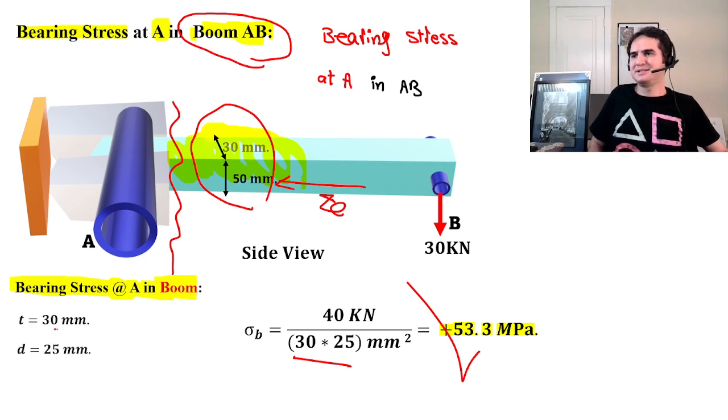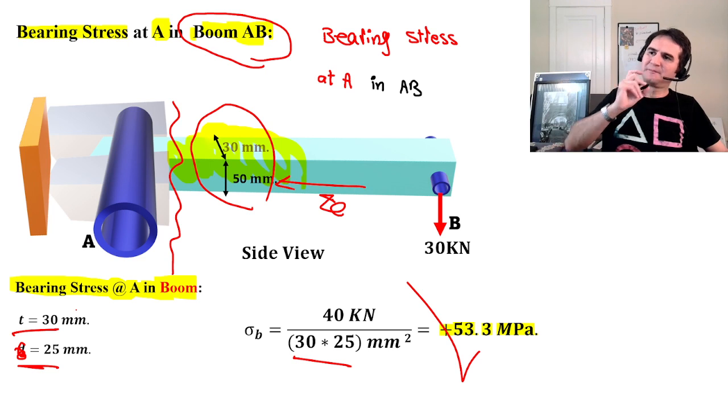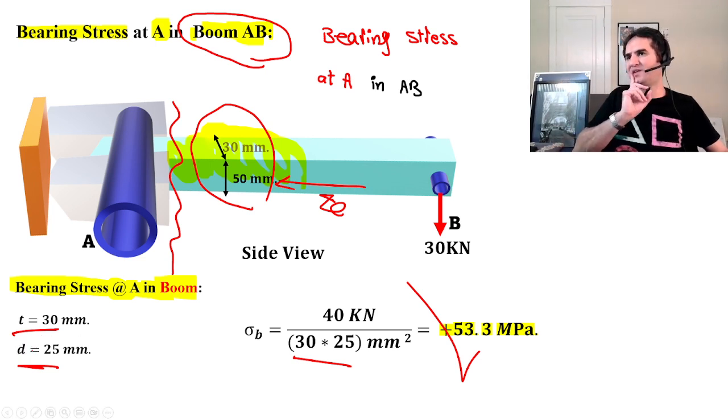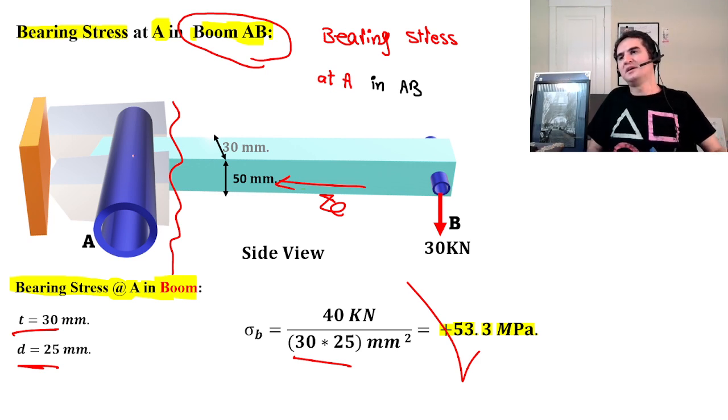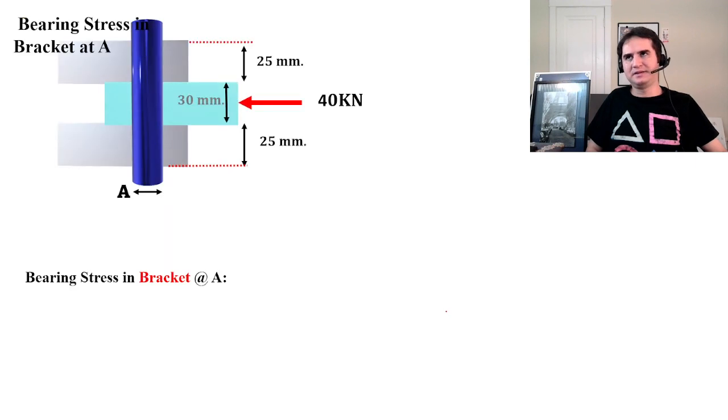That's the thickness, 30, and the diameter is, that's correct, a diameter of 25 at A. That's a 30 thickness times the diameter of our pin at A.